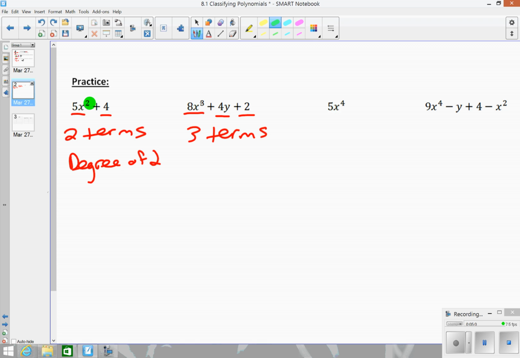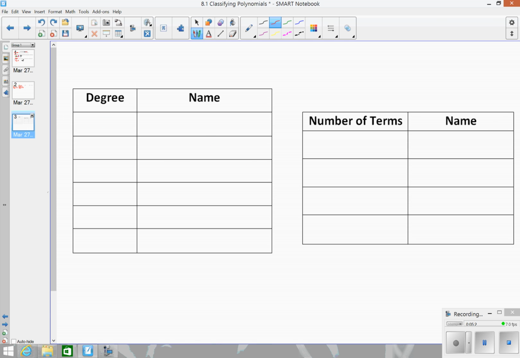So the highest one I see is my 3. So this would be to the degree of, see if this works, degree of 3. Okay, good. Now let's define these specifically.